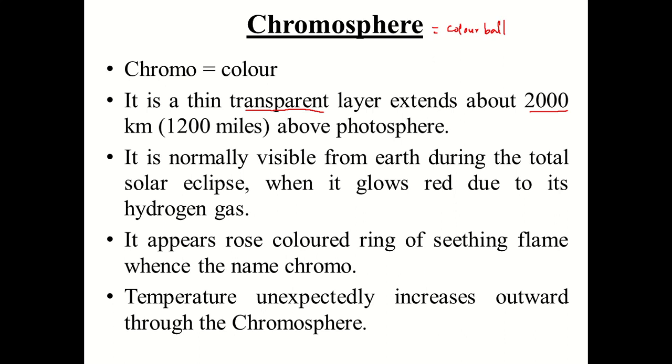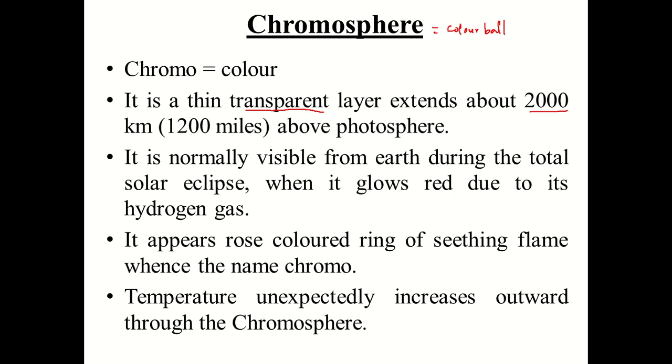So it has a large content of hydrogen, and it appears as a rose colored ring of seething flame during the total solar eclipse, hence the name chromosphere. The temperature of this region unexpectedly increases outward through the chromosphere. This is another interesting fact about the chromosphere.